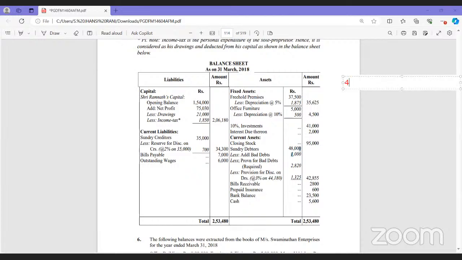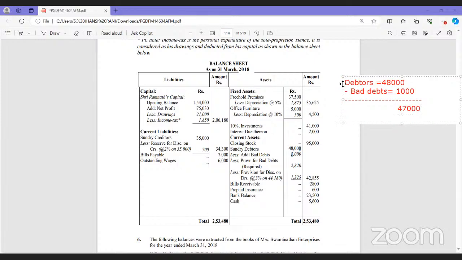Actually, debtors are 48,000. This is the sequence you have to remember. From this, first we deduct bad debts, and the bad debts we have is 1,000, which is given in the adjustment. When you deduct it, you will get 47,000.